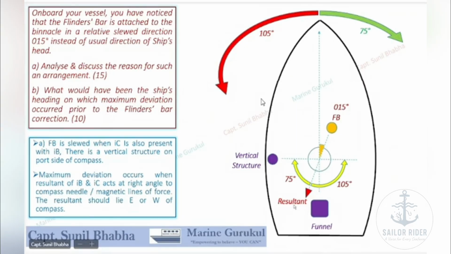Even if these two funnels come in, the resultant of both is exactly aft of the compass. The athwartship components of the two are going to cancel out, and ultimately you will have the flinders bar exactly forward of the binnacle. You will not fit two flinders bars there, one to the port bow and another to the starboard bow. You will be fitting only a single flinders bar exactly forward of the binnacle, which will cancel the effect of both the funnels.